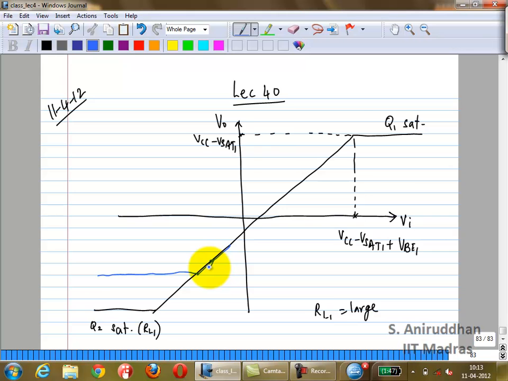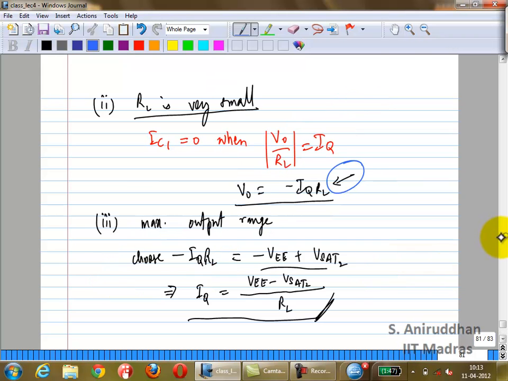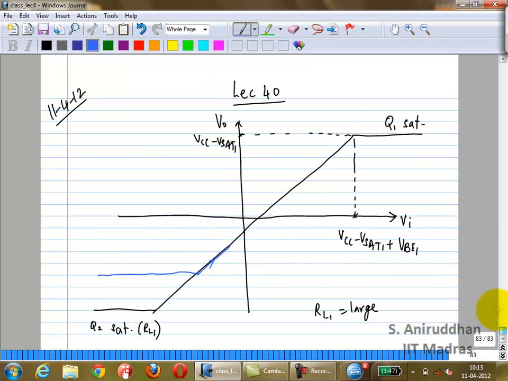Okay, if your bias current is less than this value, then Q1 will cut off and your output voltage will be clipped at minus IQ. I'll call this RL2. Minus IQ RL2. Correct?